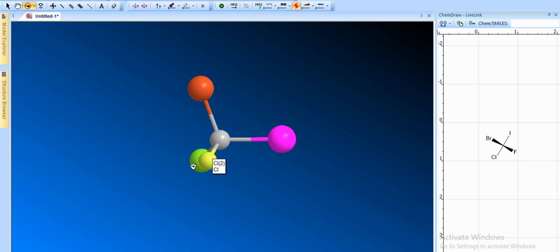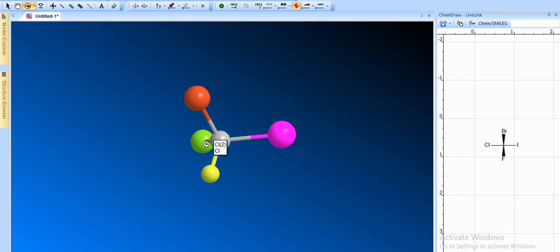What about these two? See, this is the fluorine one and the yellow one. In this way, this yellow one is coming towards me as I am the viewer, and the fluorine one is going away from me, that is, away from the viewer. So the yellow one is towards the viewer, it means it is coming towards me, and this fluorine one is going away from me.